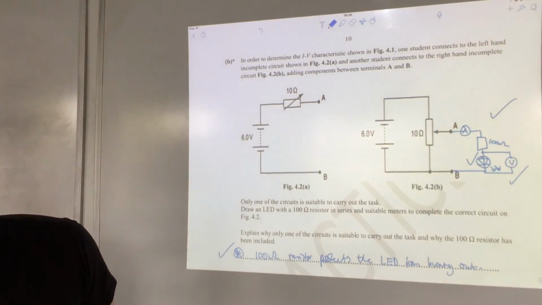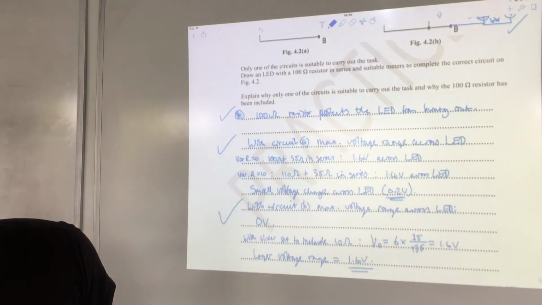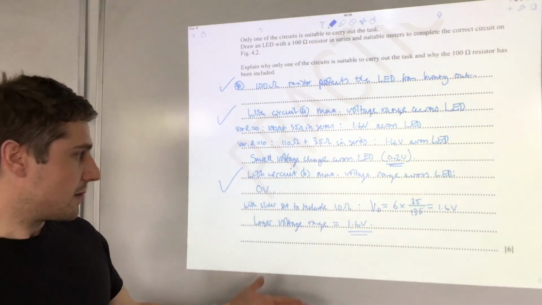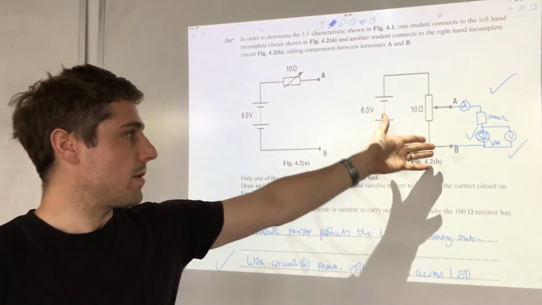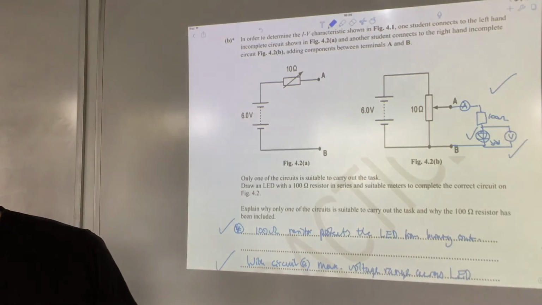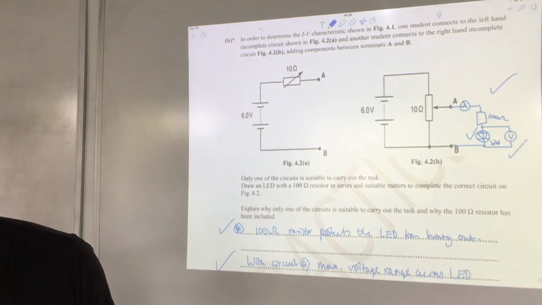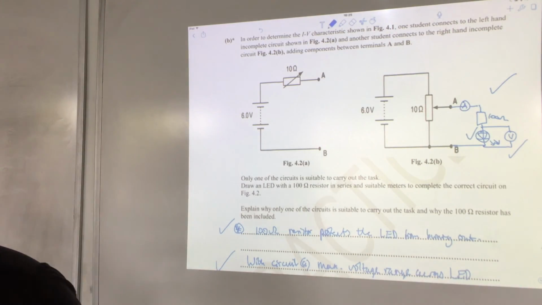So that one gives us 3 marks there at least. The question is 6 marks, so we've easily got 3 marks in the explanation, 3 marks in the diagram. Right, there we go. Anyway, that's question 4.